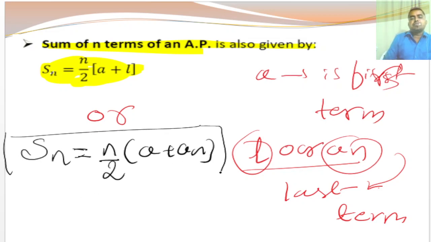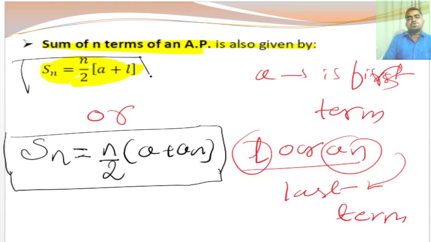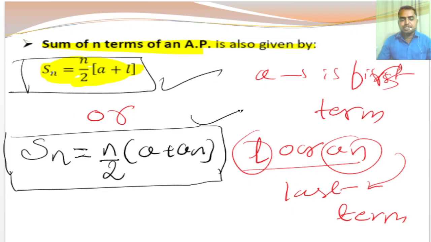Both mean the same because L is also the last term and an is also the last term. These two formulas, you get direct questions in MCQs: which formula is used to calculate the sum of the AP when the first term and the last term are known or given.